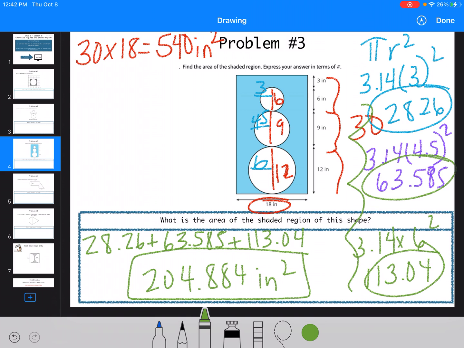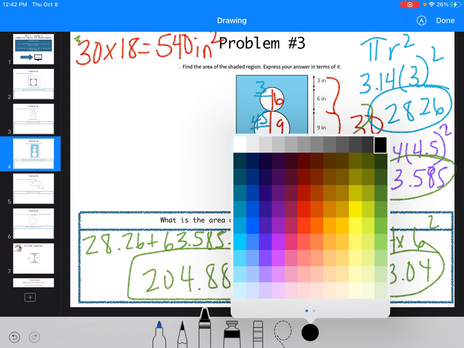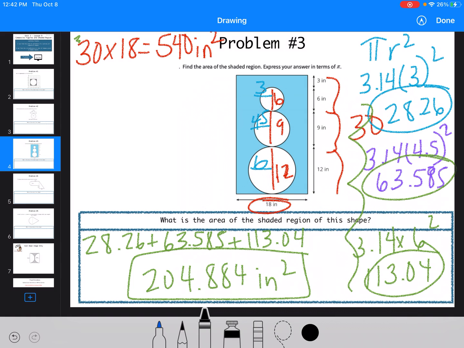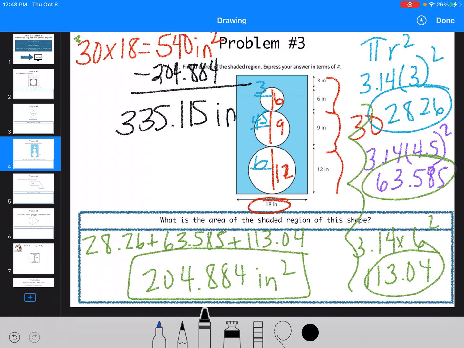So then I have to take this number and my number up here, and I have to subtract them because I want to find the area of just the shaded region. And I get 335.115 inches squared. So my final answer.